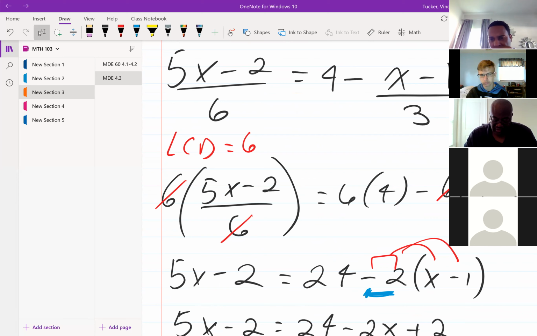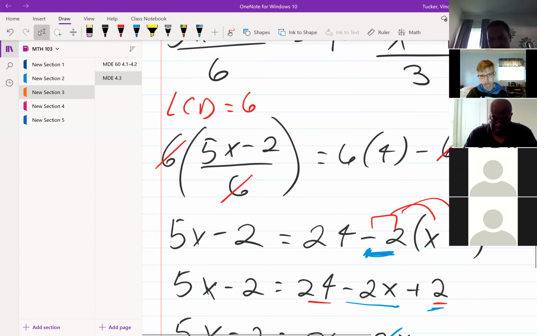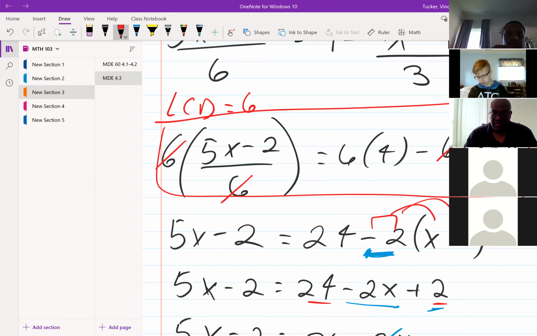My second row is 5x minus 2 equals 8 minus 8x minus 2. Well, I know what I showed you, doing it this way is the simplest way of doing it.